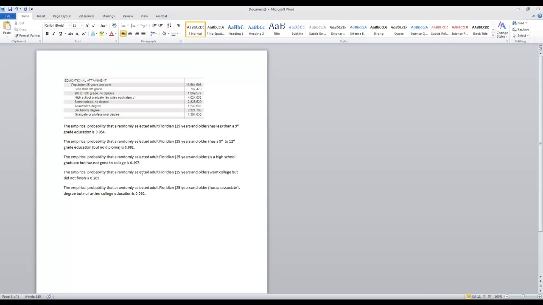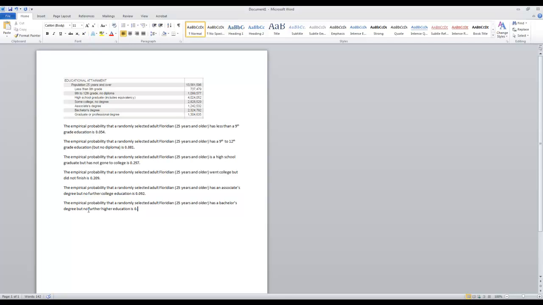What about bachelor's degree? The empirical probability that a randomly selected adult Floridian has a bachelor's degree but no further higher education. That probability is, let's see here.